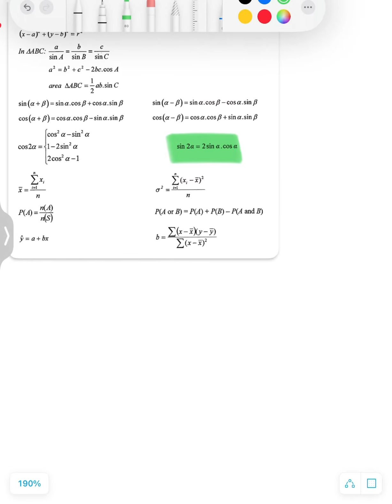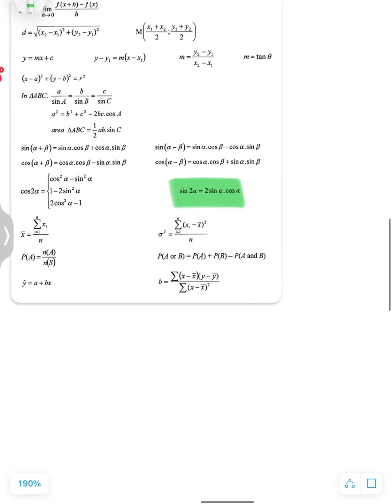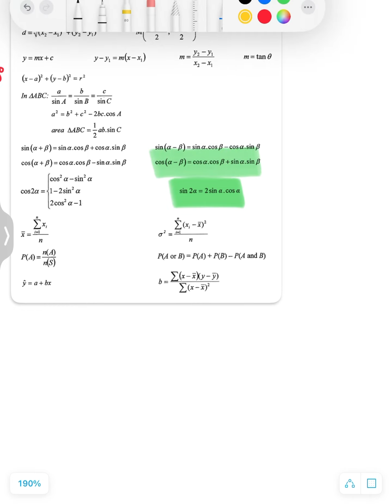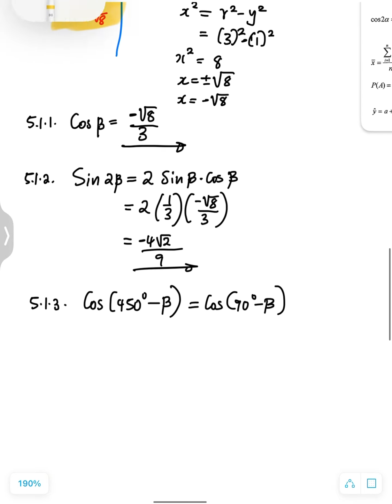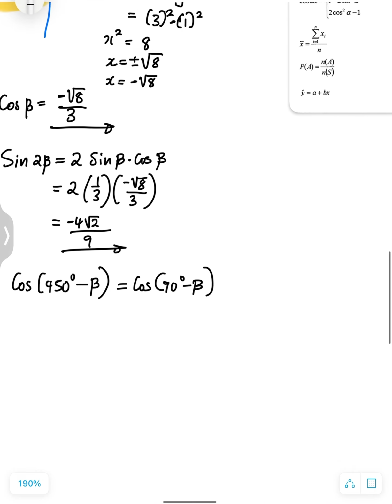This is the formula that we are using here.